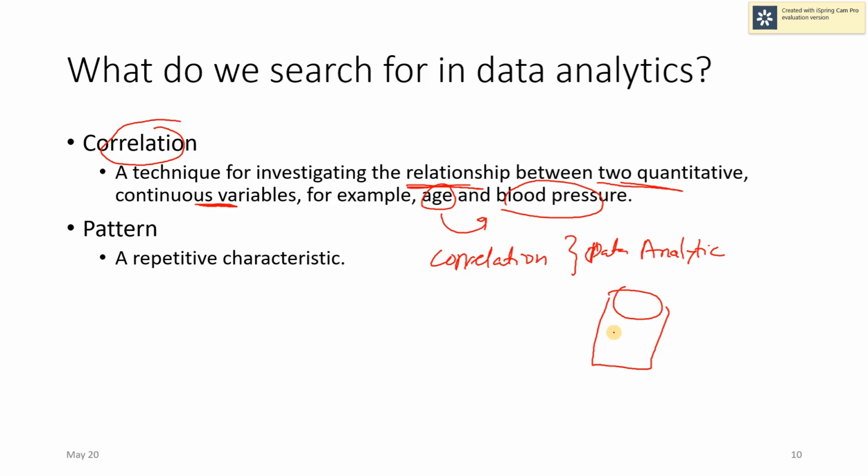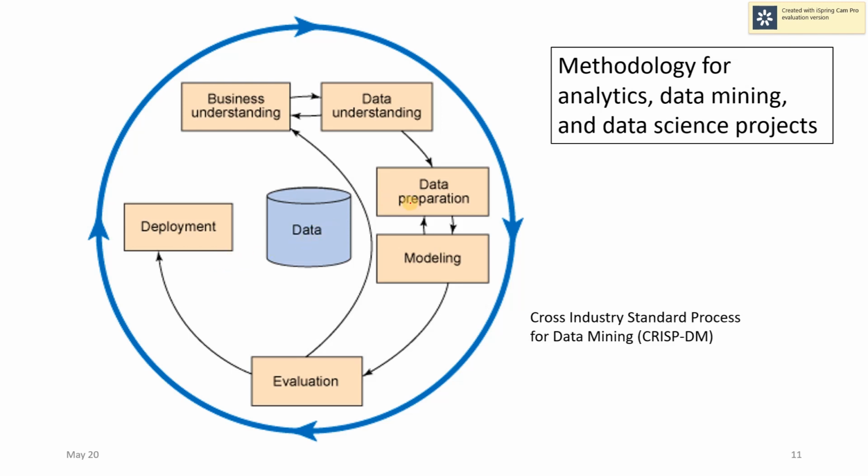You can say that if the age is more than 50, then the blood pressure status is yes. So we can see that the older the person gets, the more chance they will get high blood pressure. We can also see patterns based on repetitive characteristics as well. We will take a look at this later on.